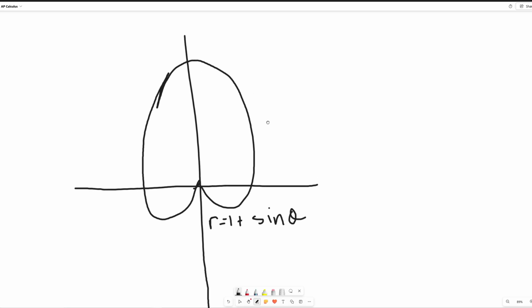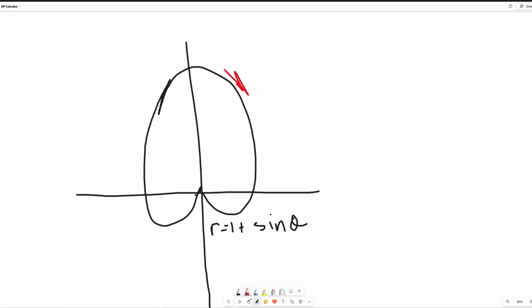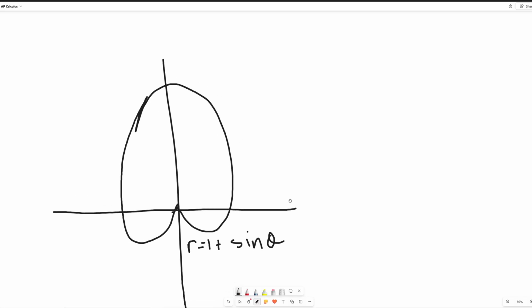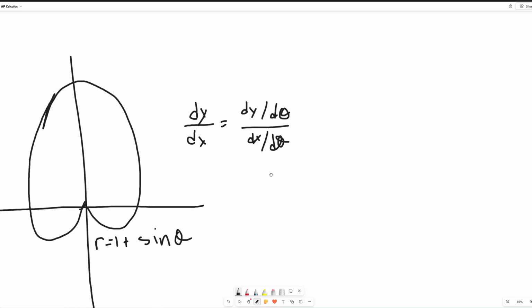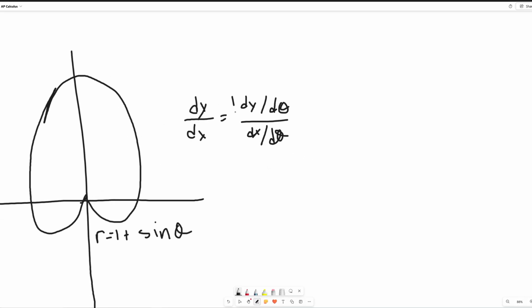The first of which being, again, you can find the slope of a certain area, or a certain point on the graph, with respect to y and x. dy over dx. Now again, another formula. This time, it is almost identical to the parametric formula. dy over dx is dy over d theta over dx over d theta. Except to find this, it's another extra step, because dy over d theta, we have r.